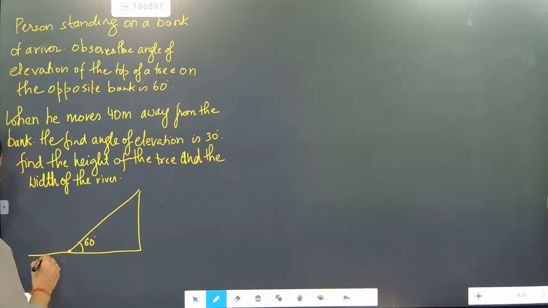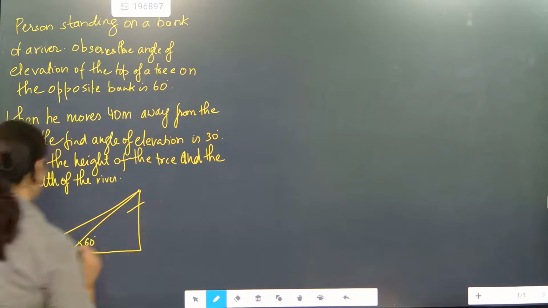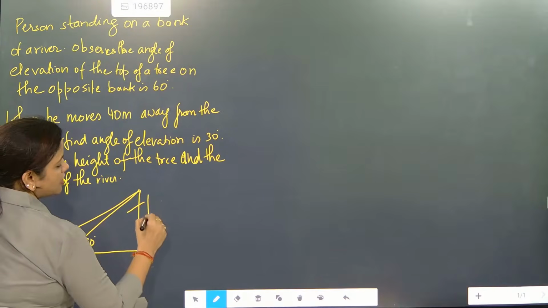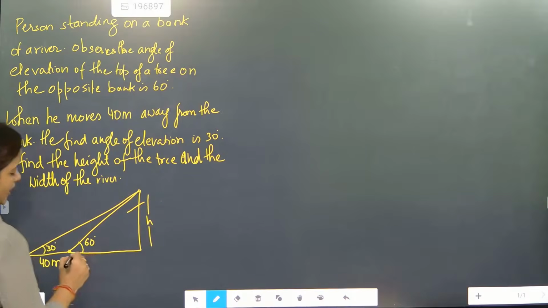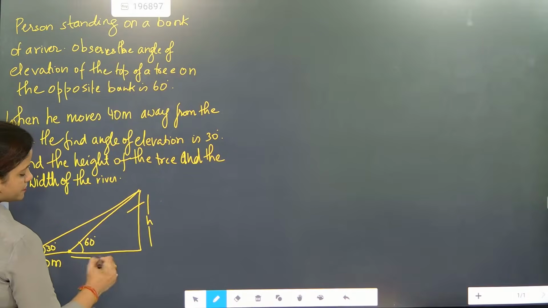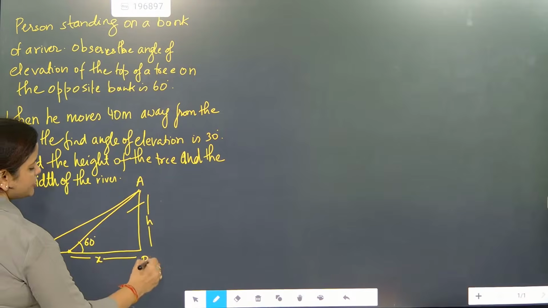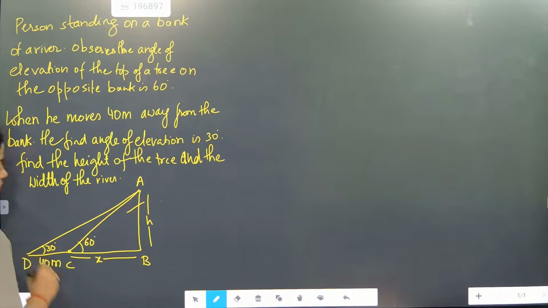I went 40 meter away. Now from here, I am seeing 30 degree. Now they are asking the height of the tree and the width of the river. So let the height of the tree be h. Let the width of the river be x.